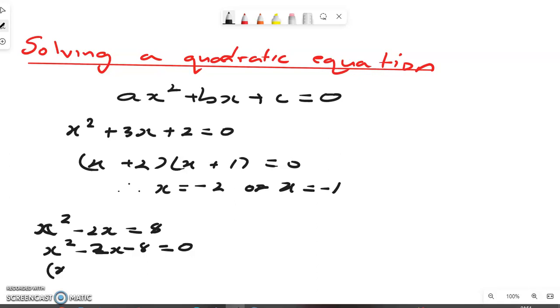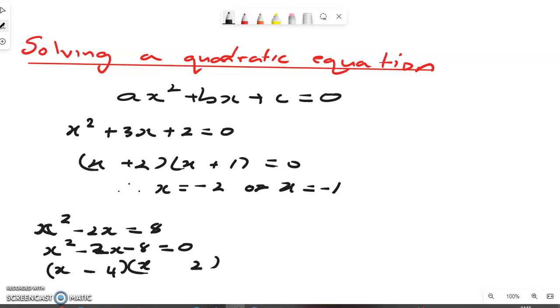So it's x times x, the factors of the last term, then the factors of 8, so it will be 4 and 2. We check the last term is negative, which tells us the signs are different.